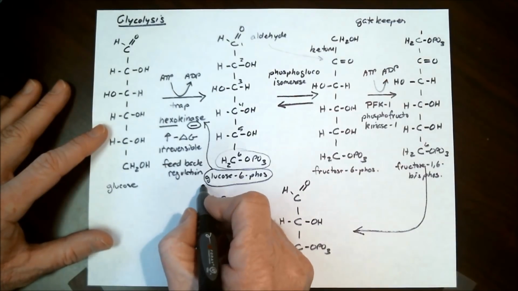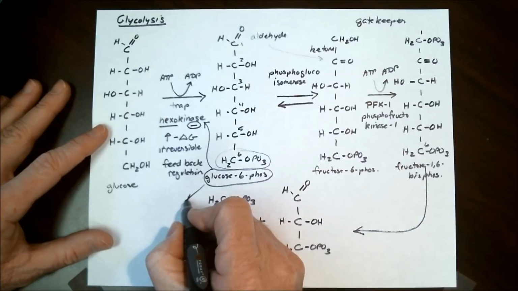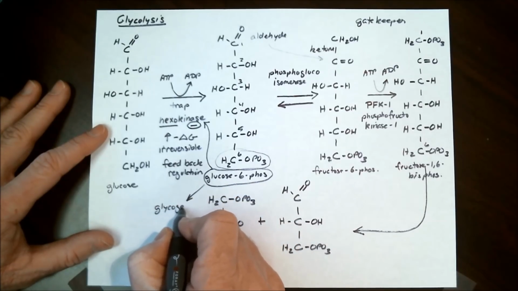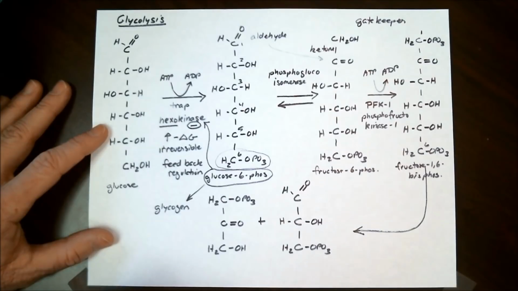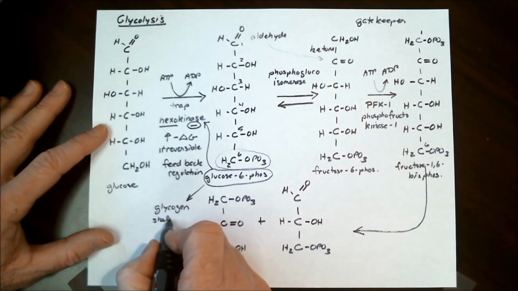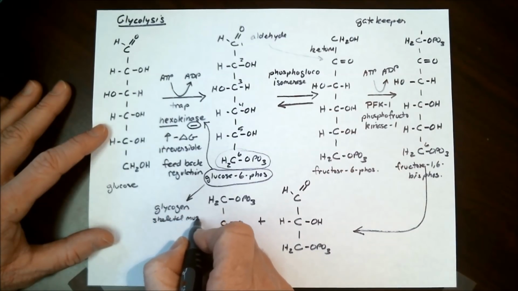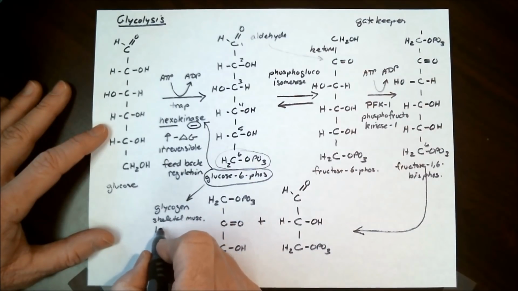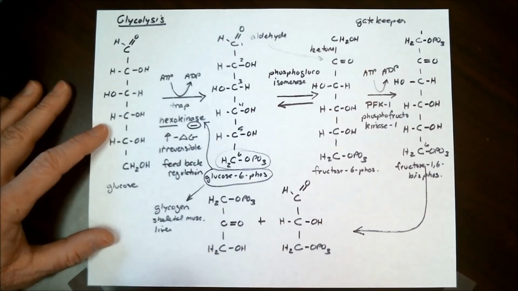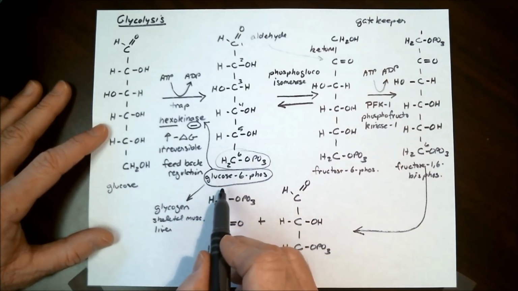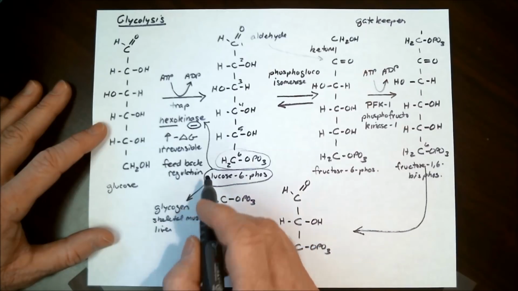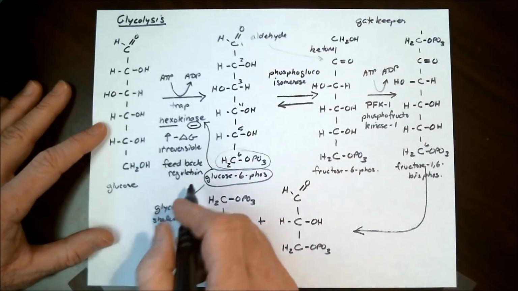And in cells that are going to be storing glucose as glycogen, for example, skeletal muscle, or liver, we can shift the substrates in glycolysis, the intermediates in glycolysis, into alternative pathways.